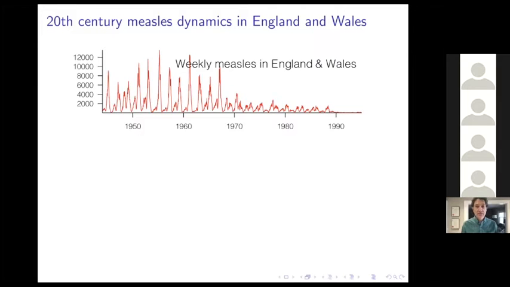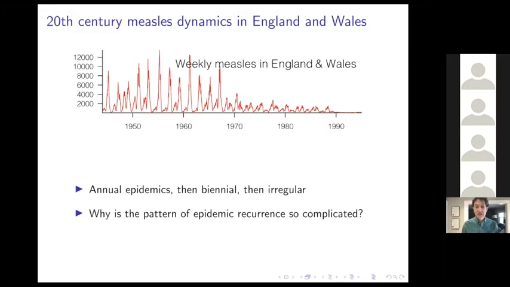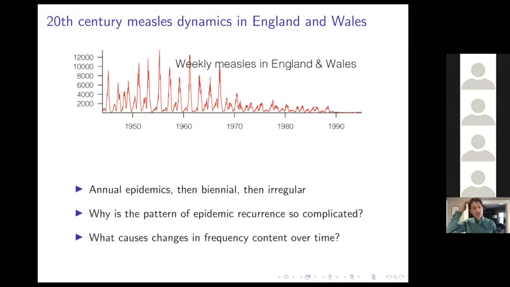It's the number of cases of a given disease in the same place, but the pattern changes from being initially roughly annual epidemics to then being only big epidemics every second year, and then it becomes quite irregular. And so a classic question is, why is this pattern of recurrence so complicated? Can we understand it? What is the cause of the changes or what are the causes of the changes in frequency over time?